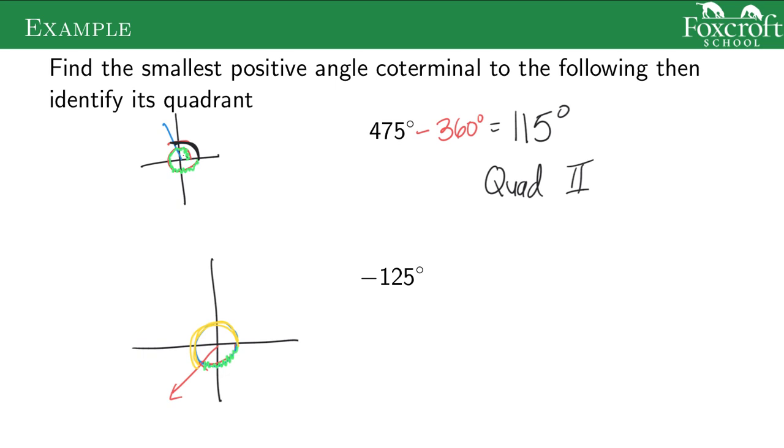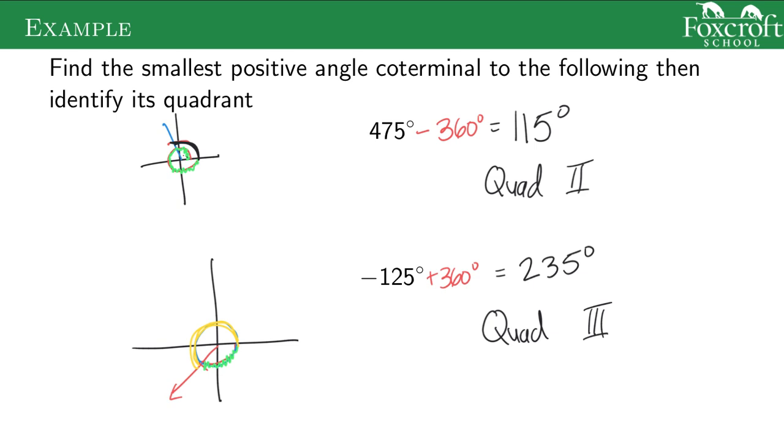So I can just add 360 to a negative angle: negative 125 plus 360 is 235. So negative 125 and positive 235 look the same. It's easier to work with positive angles than negative angles, and this is in quadrant 3, because it's between 180 and 270.